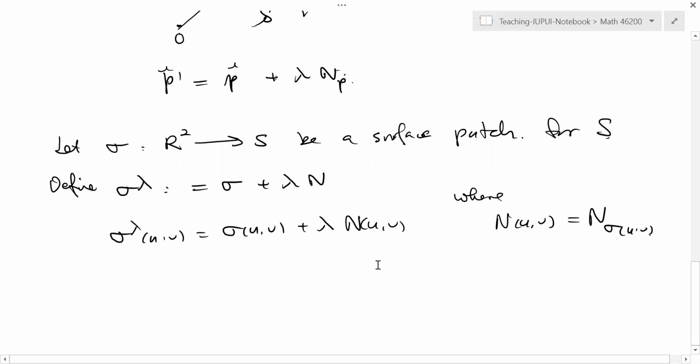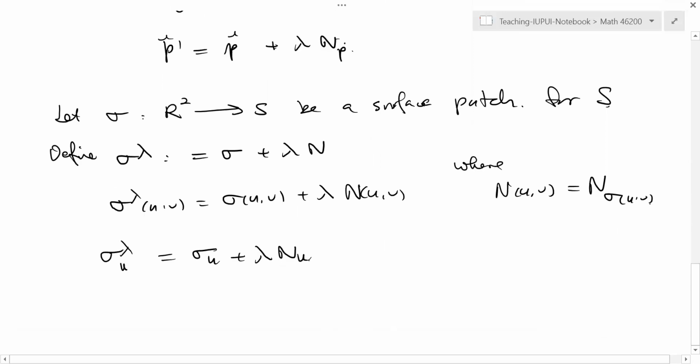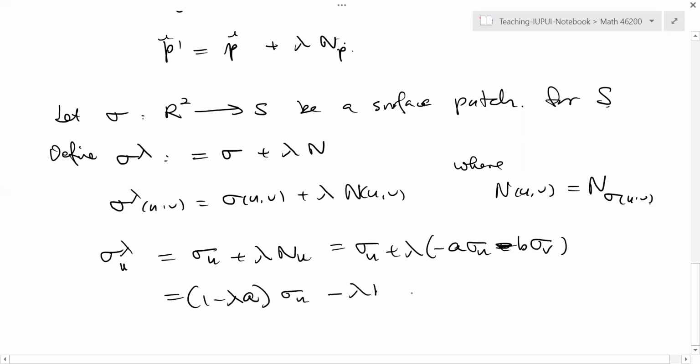First of all, we have to check when sigma lambda is a surface patch. All we have to do is compute its partial derivatives. Sigma u plus lambda n u. Since n u is negative A sigma u and negative B sigma v, I'm going to combine them into 1 minus lambda A sigma u minus lambda B sigma v.